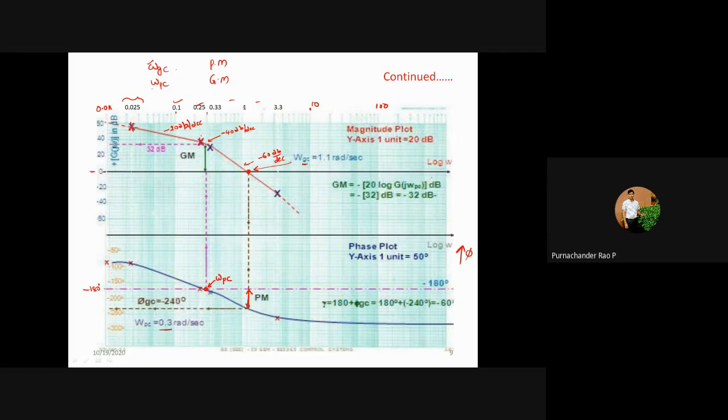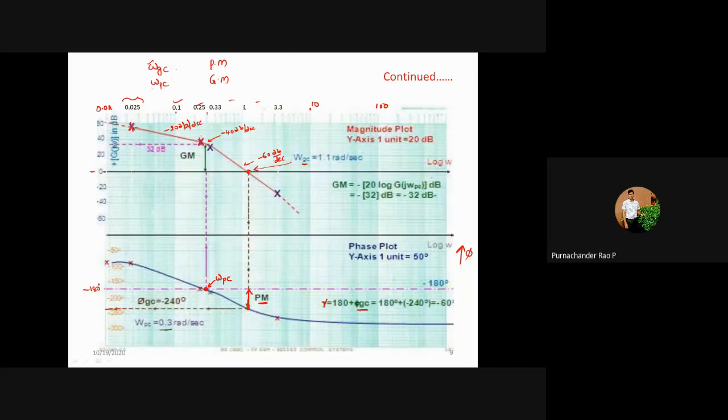So this is going to be the phase margin. The phase margin gamma is given as gamma is equal to 180 degrees plus phi gc. Phi gc is nothing but this particular angle, where this dotted line crosses.